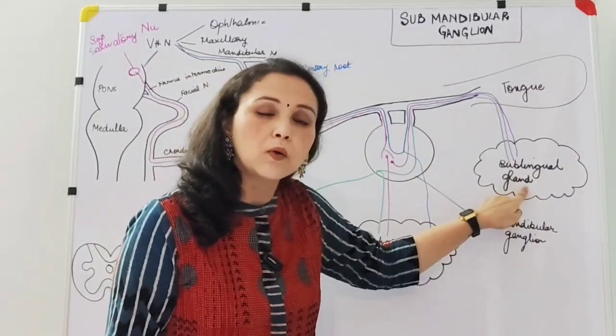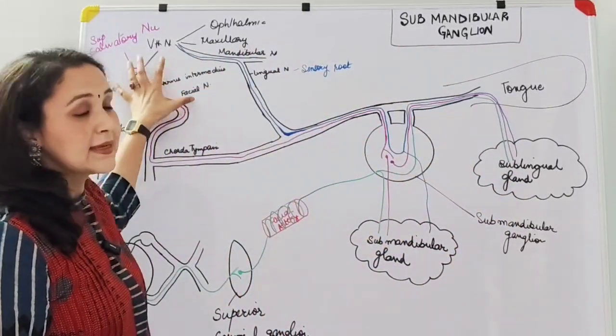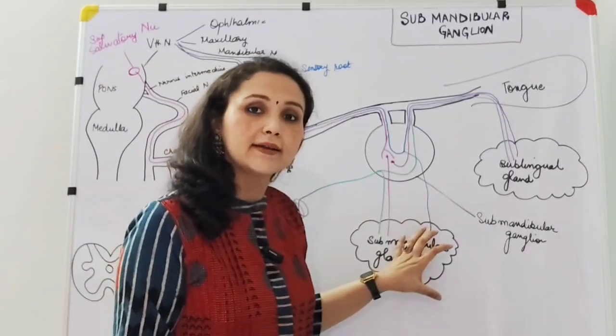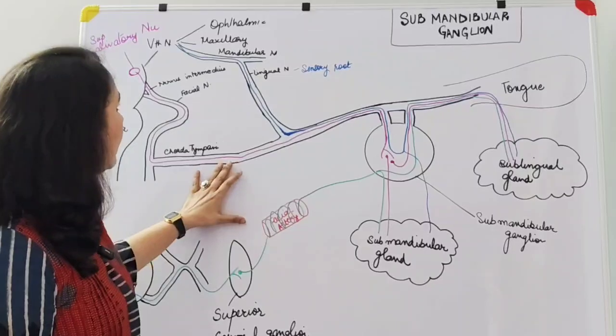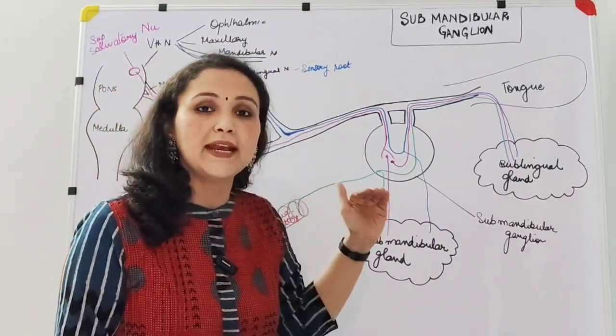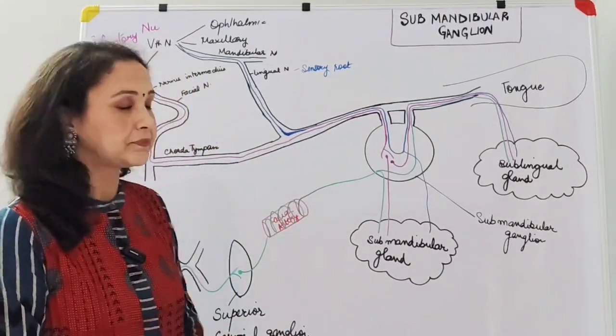So this is how the preganglionic parasympathetic fibers relay in the ganglion and supply the two glands. I think this is very clear. Otherwise, you can go through my previous video in which I have explained in detail how this supply is occurring.